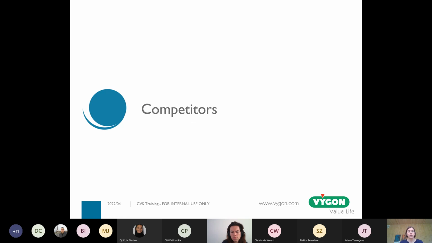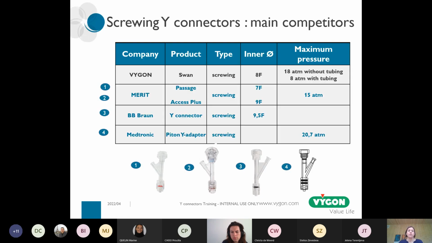Let's now have a look at the competitors. First, the competitors for screwing Y connectors. There are a lot of screwing Y connectors on the market, I know, and they are very similar. I have the main competitors from the main companies.